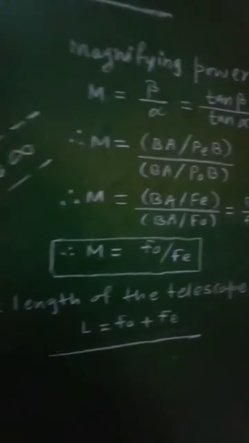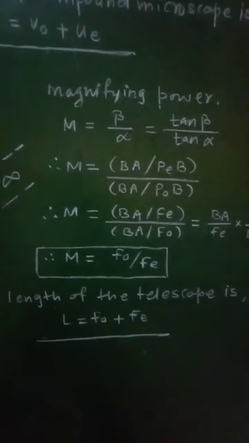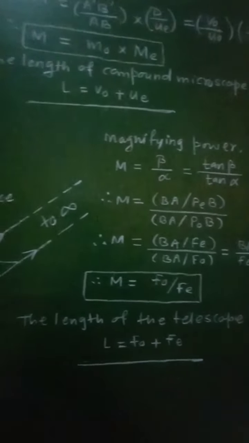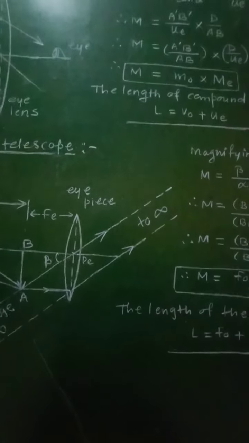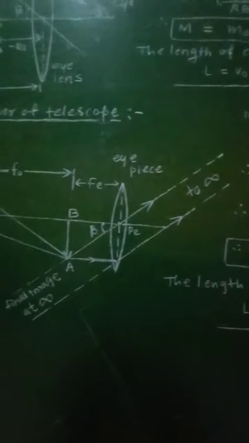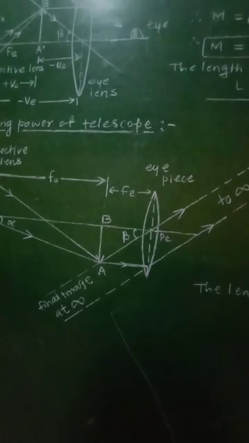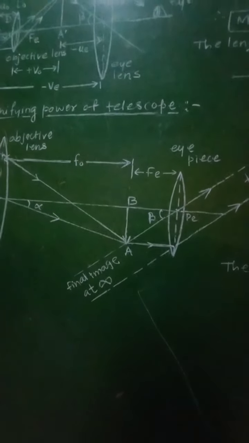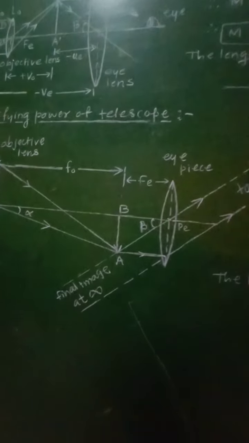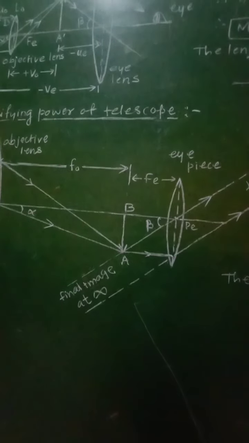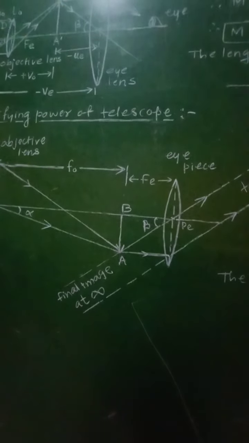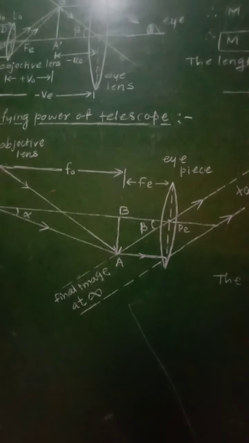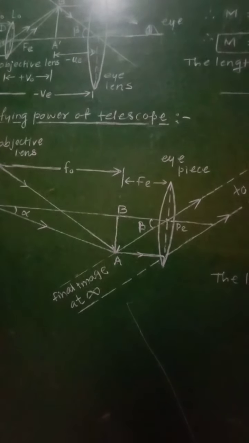And therefore now let us consider the theoretical part of this. The objective of focal length FO focuses the parallel incident beam at a distance FO from the objective, giving an inverted image AB. Now for normal adjustment, the eye lens is so adjusted that the intermediate image AB is produced at the focus of the eye lens.